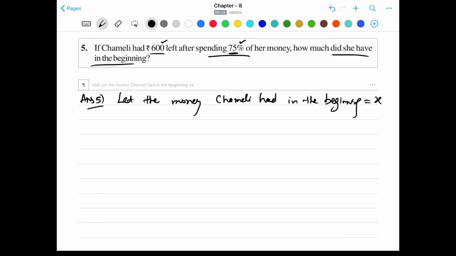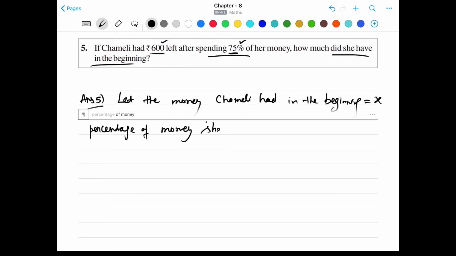Out of that money she has spent 75%. So the percentage of money she has spent is equal to 75%.